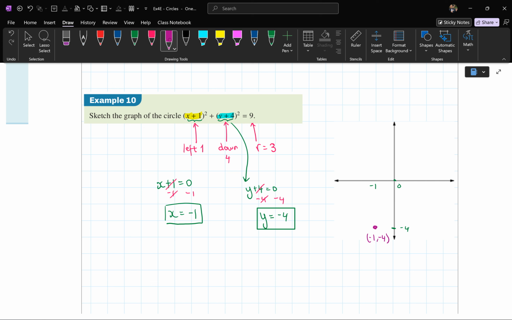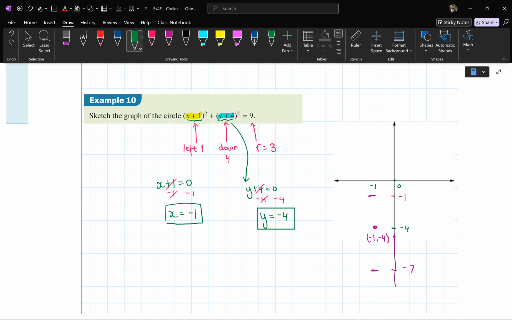If I had to sketch this, looking at the y-axis, negative 4 is the center. With a radius of 3, add 3 and minus 3. Add 3 gives me negative 1. Minus 3 gives me negative 7. So my circle has a maximum height of negative 1 and a minimum height of negative 7. Let's look at the width.